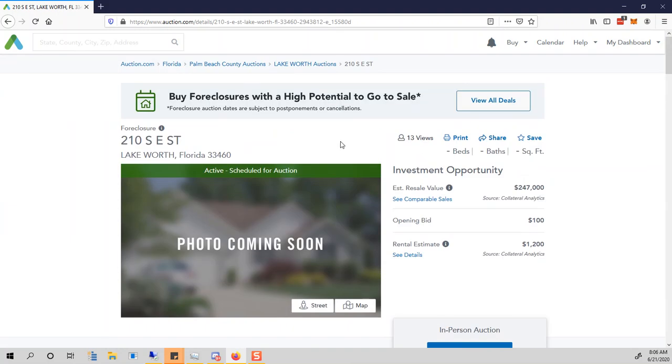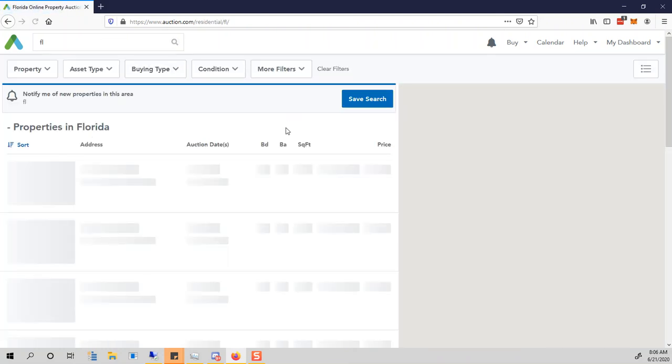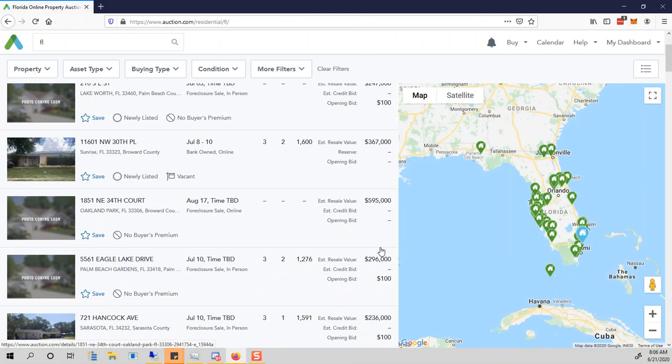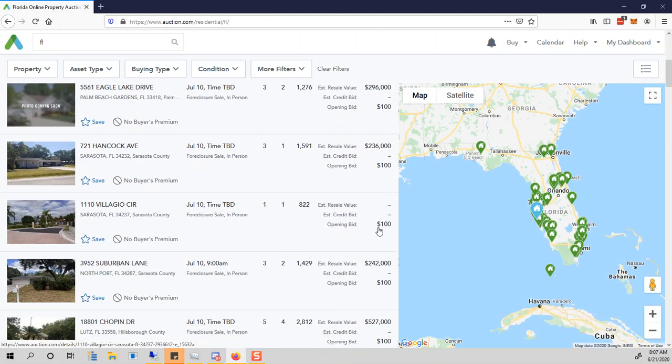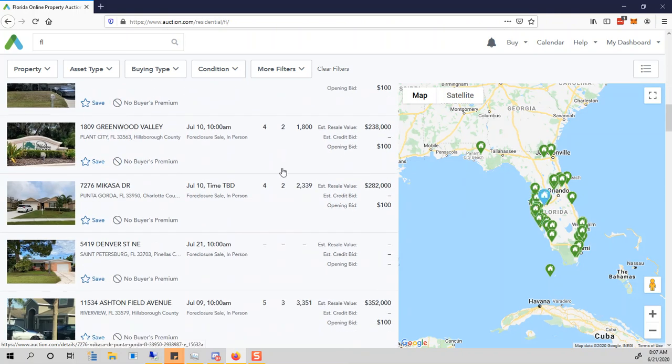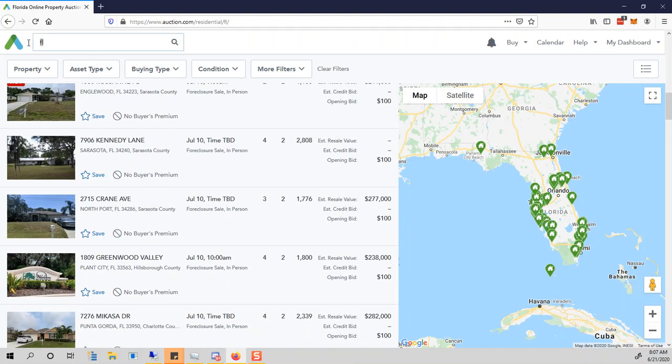That's what I noticed with different states: pulling the opening bid doesn't make sense because they're all going to be very low, and then having an overage of whatever that resale price is doesn't make sense.